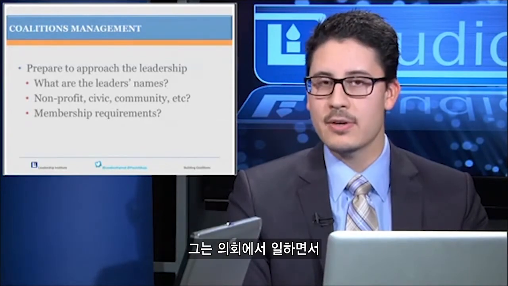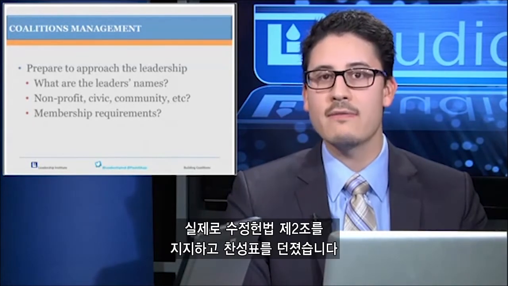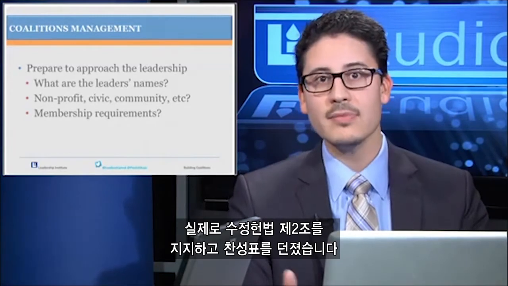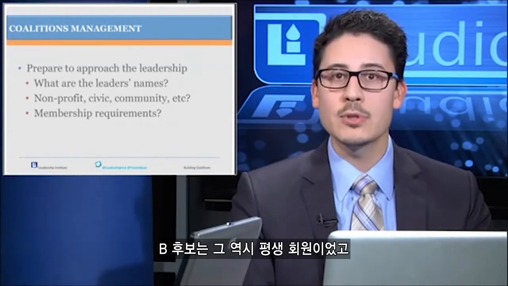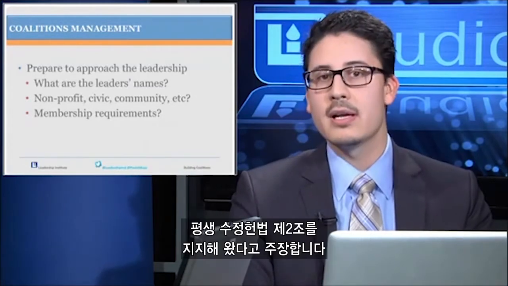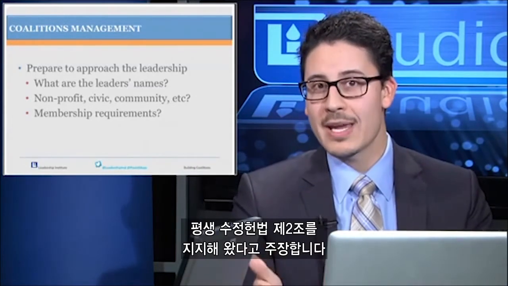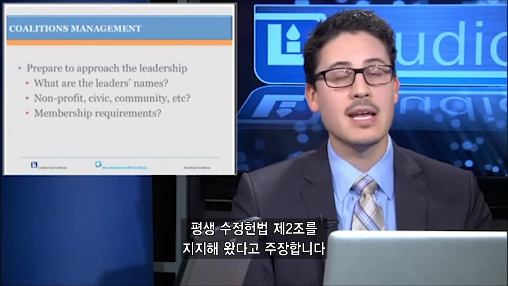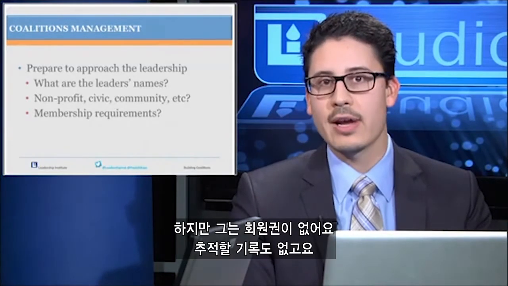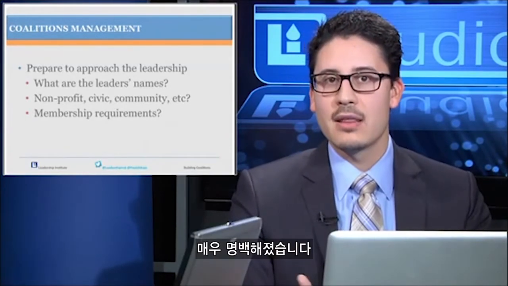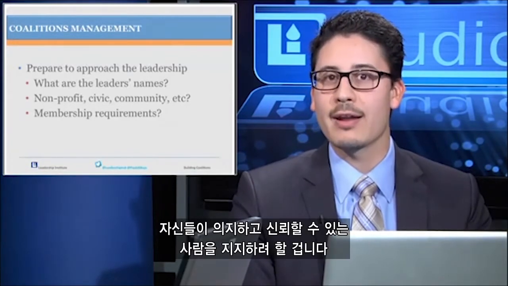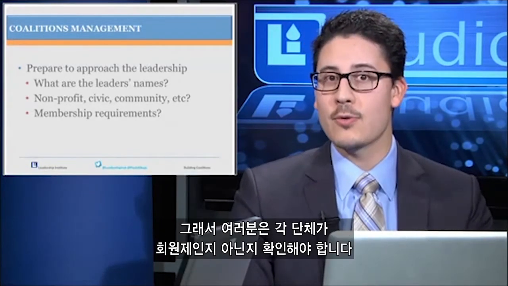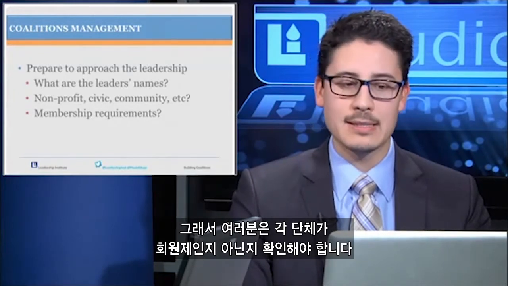He's been in the legislature, has in fact sponsored and voted in favor of Second Amendment bills and against bills that limit the Second Amendment. And candidate B claims to be a lifelong supporter of the Second Amendment, but doesn't have a membership, doesn't have a track record. It's very plain. The leadership of the NRA will likely be supporting someone that they know they can rely on and trust. So you want to make sure that you also find out if they have membership requirements.